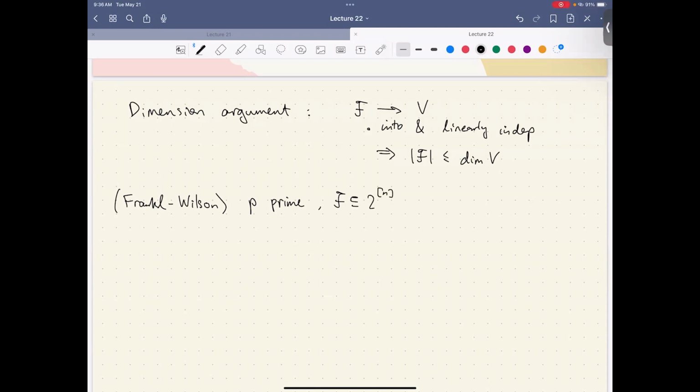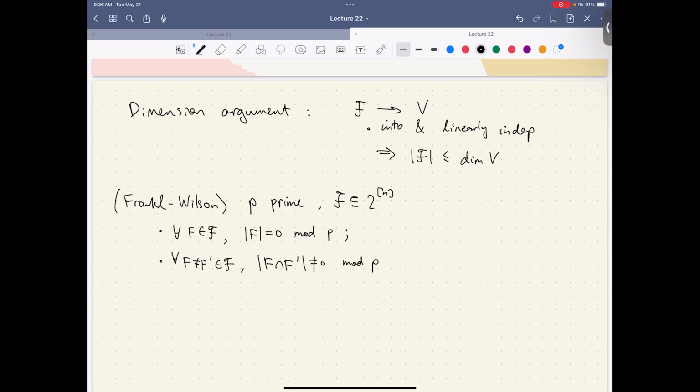We have two conditions. One is that the size of every set in our family is a multiple of P, so 0 mod P. The second condition is that for every pair of distinct sets in our family, their intersection size is not divisible by P. It's not a multiple of P.